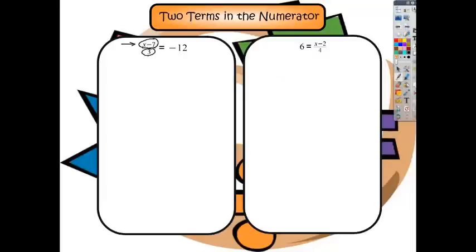Now we know that in order to undo division, what we have to do is multiply. So I'm simply going to multiply both sides of this equation by 3.